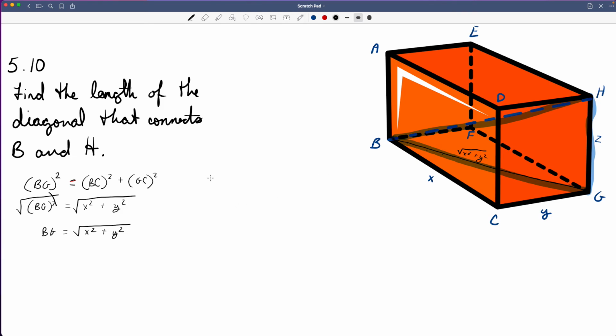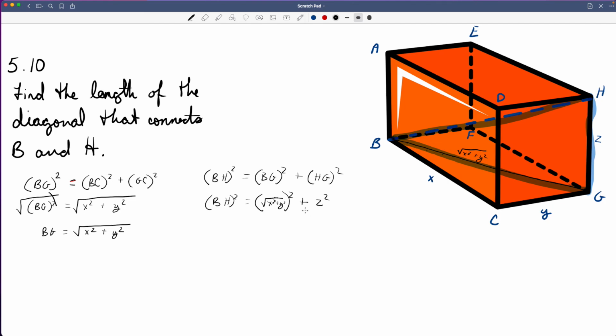Now we can do the same thing, only this time we're going to say BH squared is equal to BG squared plus HG squared. And we know BG is the square root of x squared plus y squared, squared, plus z squared.